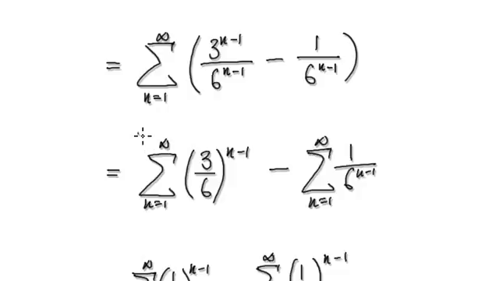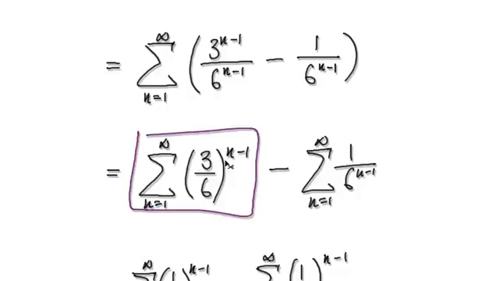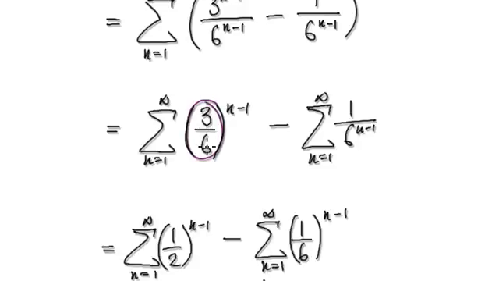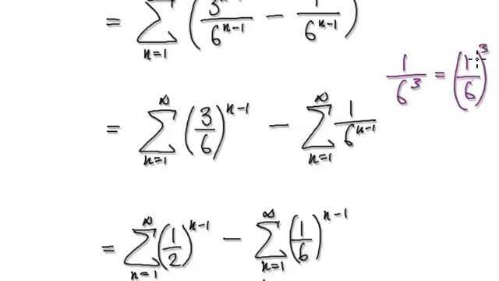So now let's try and tidy this up. This is really a half here, and then this thing here, you can rewrite as this, because if you have 1 over, let's say, 6 to the power of 3, that's the same as 1 over 6, to the power of 3, because 1 times 1 times 1 still stays as 1.